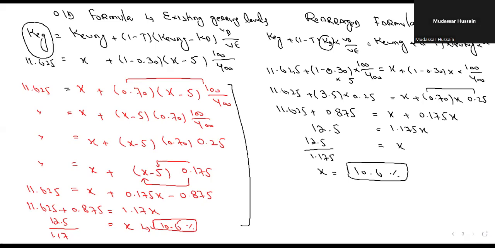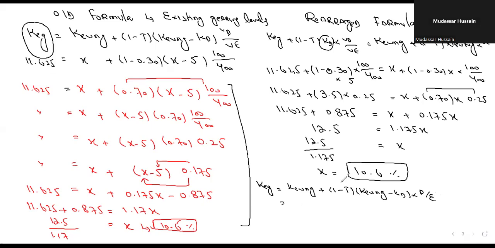But before we move toward the spreadsheet, now see, you have to find out the ungeared cost of equity with this rearranged formula. Now, if you want to find the geared cost of equity, the cost of equity of the geared company is equal to cost of equity of the ungeared company plus 1 minus T into cost of equity of the ungeared company minus KD into debt over equity.